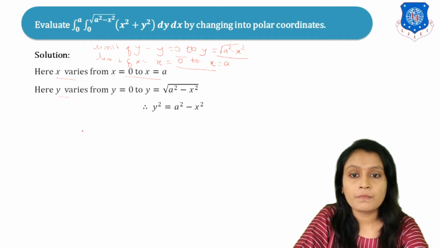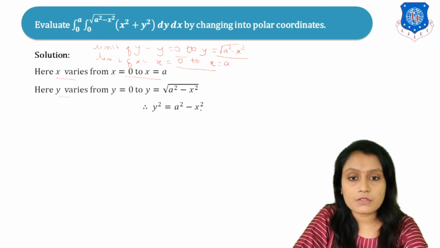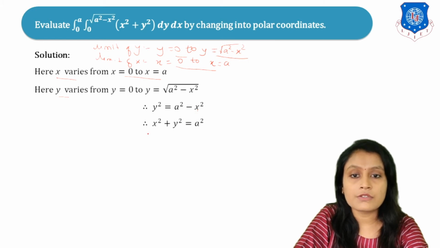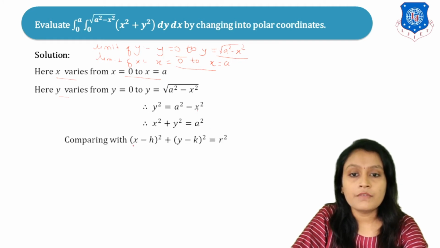Now we will simplify this. Take square on both sides, so you will get y square equals a square minus x square. Take this x square here, so you will get x square plus y square equals a square. Now we compare this with the equation of a circle, x minus h whole square plus y minus k whole square equals r square.